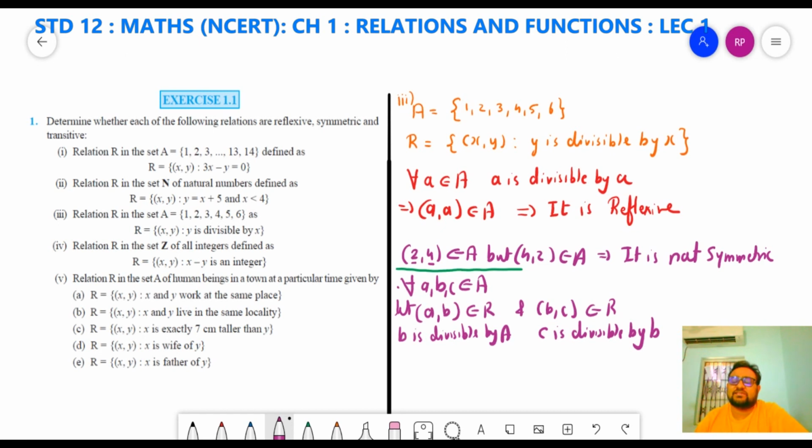Let's take an example. Like 125 is divisible by 25 and 25 is divisible by 5. That means 125 is divisible by 5, right? So what does this imply?